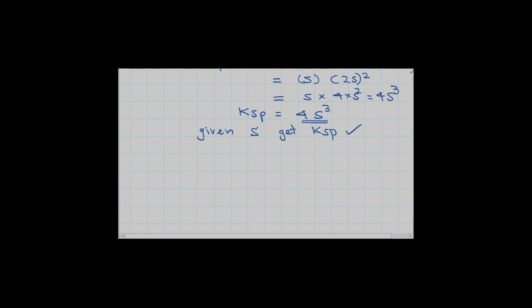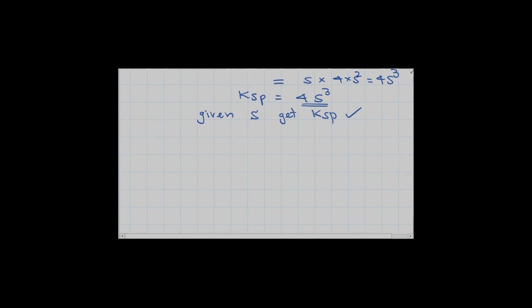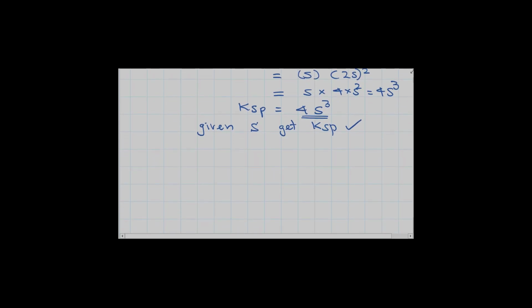Now, the reverse is a little bit similar to the previous one, and we can just do the math breakdown, how you take it. So given Ksp, how do we get the solubility, also the molar solubility? Ksp equals 4S cubed. Divided by 4, you get Ksp divided by 4, and 4S cubed divided by 4 cancels the 4, voila.